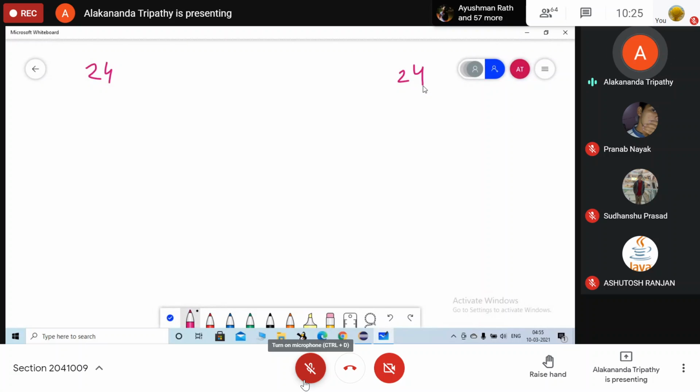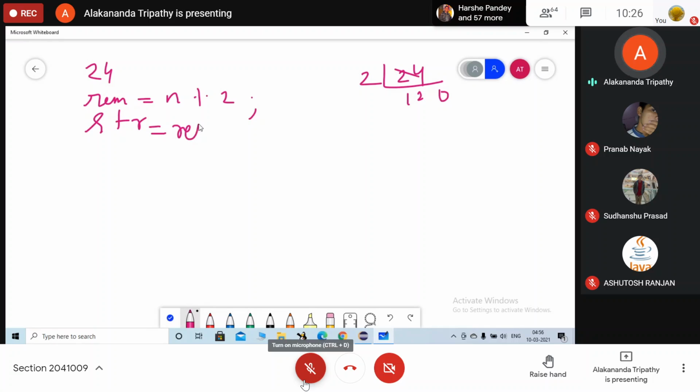So 24 divided by 2 कितना आ रहा है वैल्यू, 12. What will be the remainder, 0. So here we are going to write remainder is equals to n mod 2, then str is equals to remainder प्लस str. तो यहाँ पर कितना आ गया, 0 ऐड हो जाएगा. 0 प्लस str का वैल्यू क्या है, कुछ नहीं है, a string.